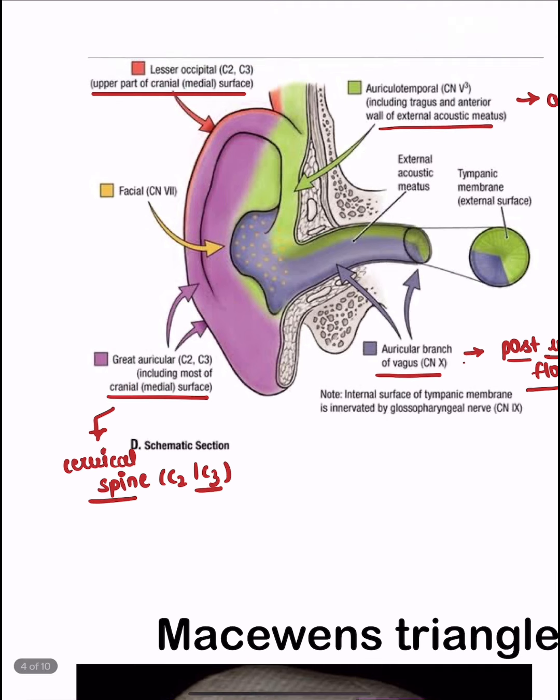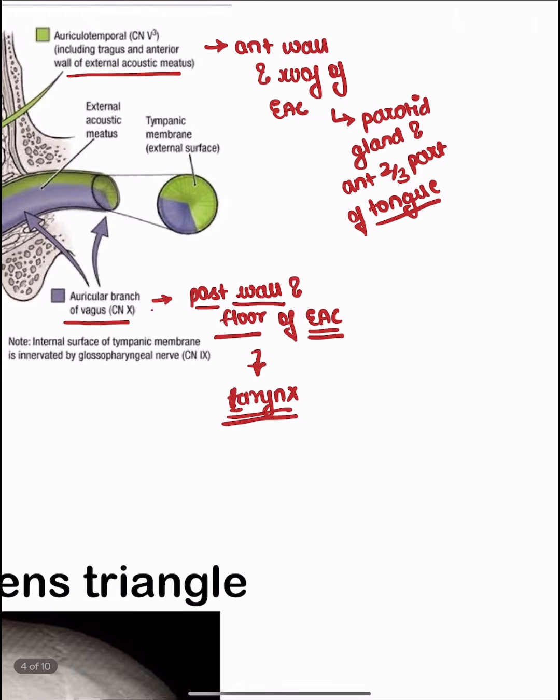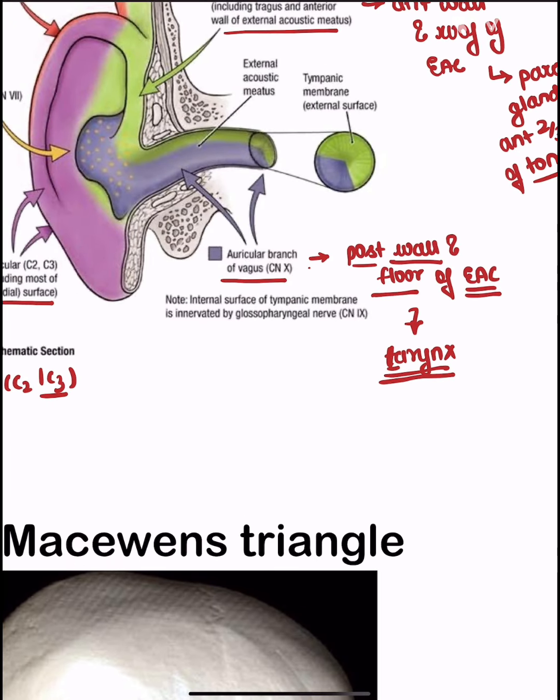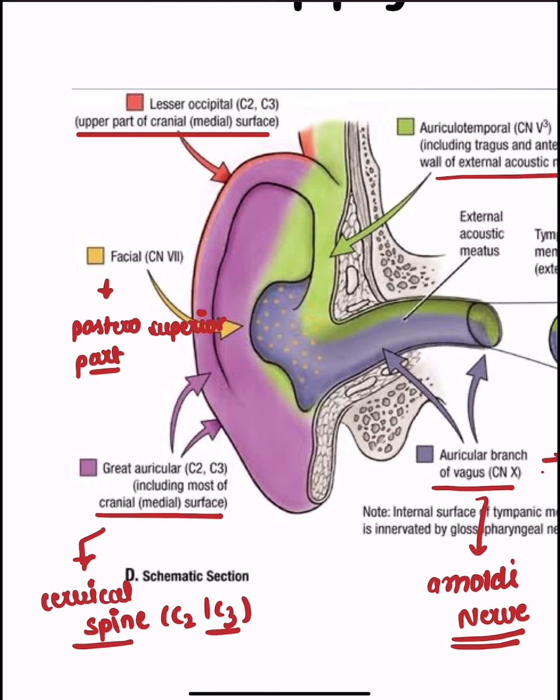The referred pain from larynx comes via vagus nerve. Vagus nerve is known as Arnold's nerve. A small portion on the posterior superior part is supplied by facial nerve.